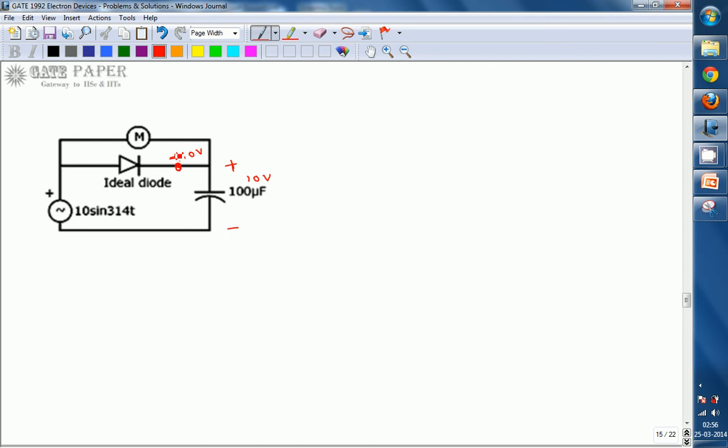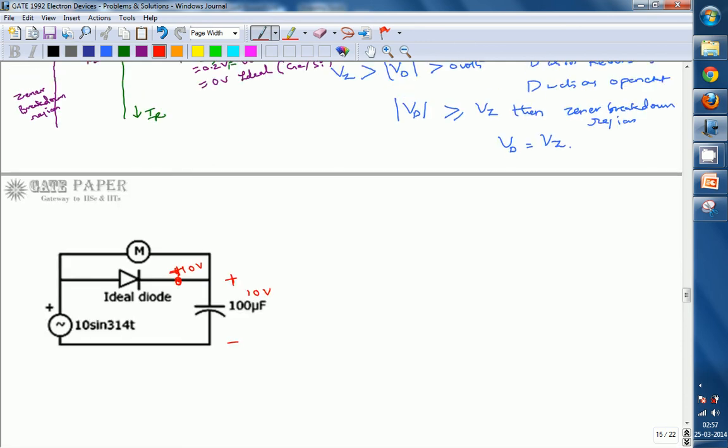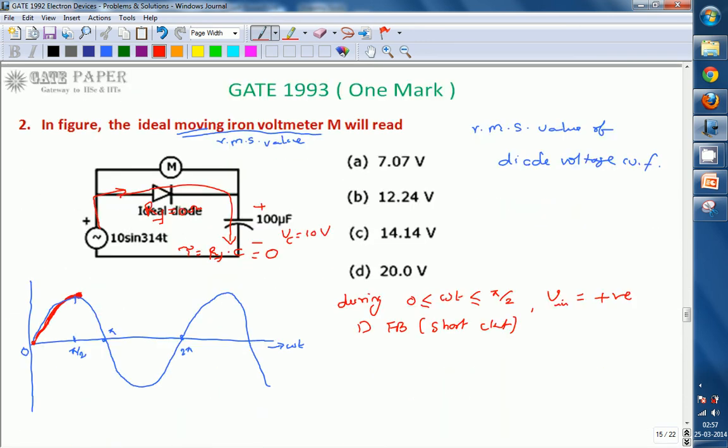Are you understanding this? The ideal diode becomes forward biased only when the voltage at the P side is greater than 10 volts. But is there any chance of getting that? If you check, there is no chance.